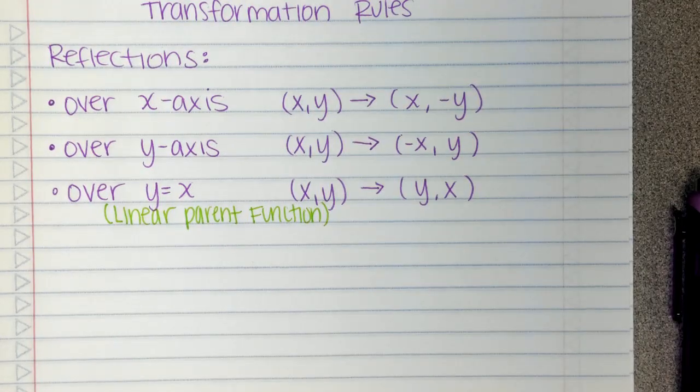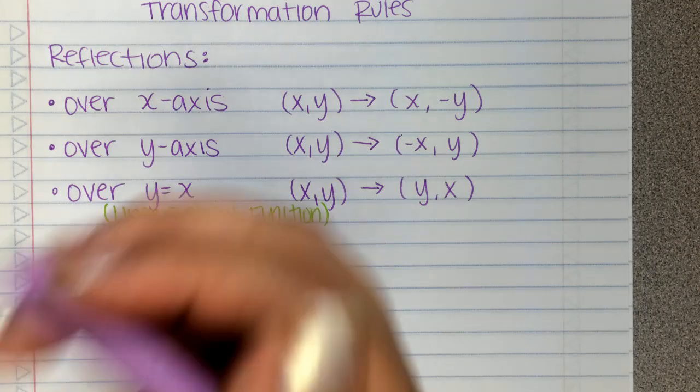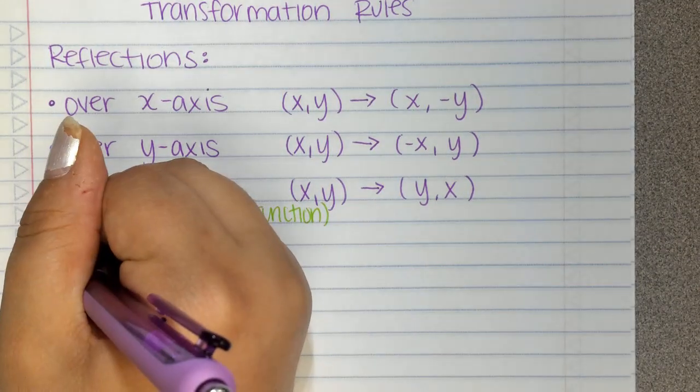So if I tell you reflect this over the linear parent function, I'm telling you to reflect it over y equals x. Does that make sense? Same thing.